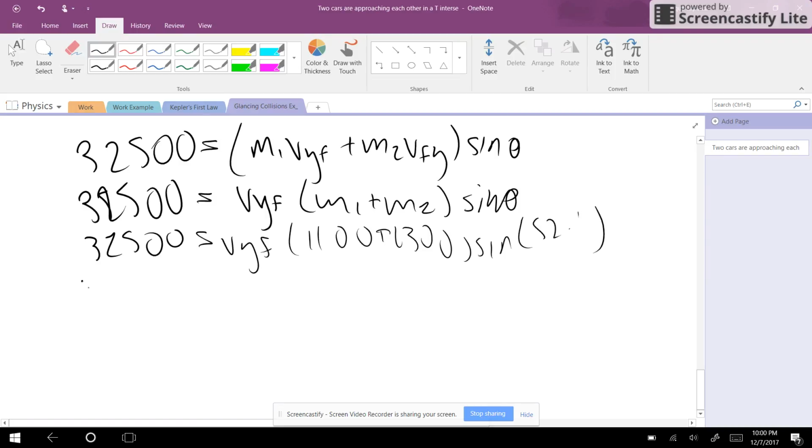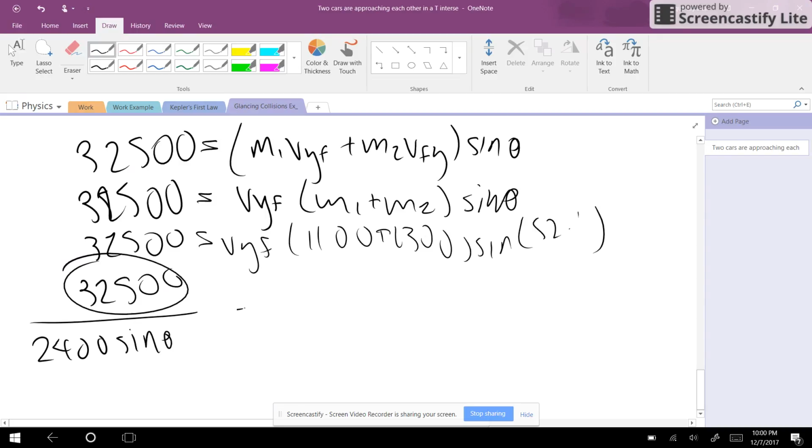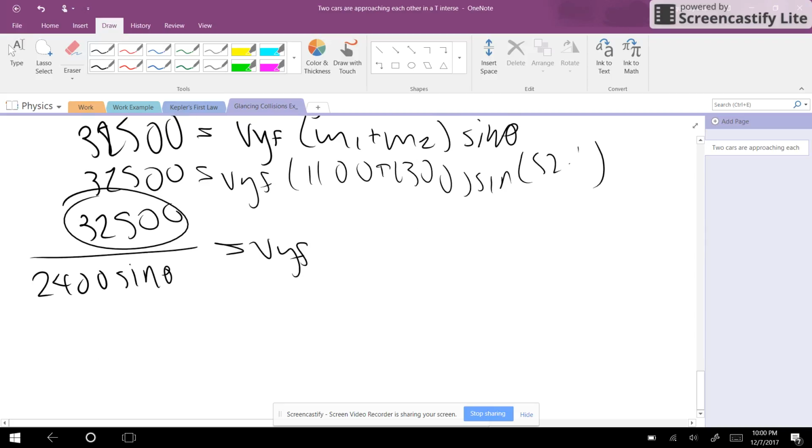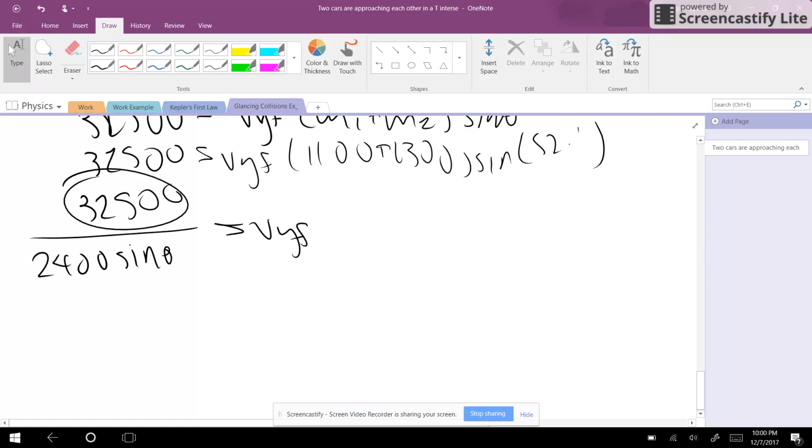Now we take that to the bottom, and the same thing, but with the sine and obviously different momentum up here. And now we can divide through by sine 52.1.